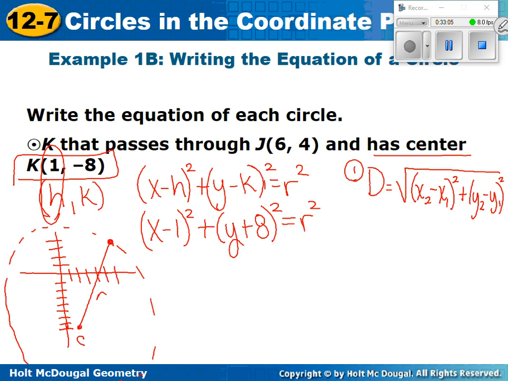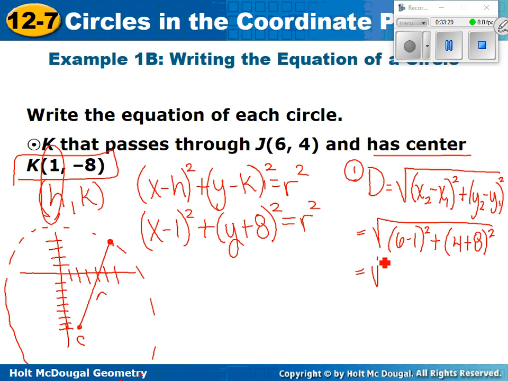Okay, so let's try that. We're using these 2 coordinates. What 2 numbers are we going to subtract for the x's? 6 minus 1 squared plus 4 minus a -8 becomes 4 plus 8, and we square it.